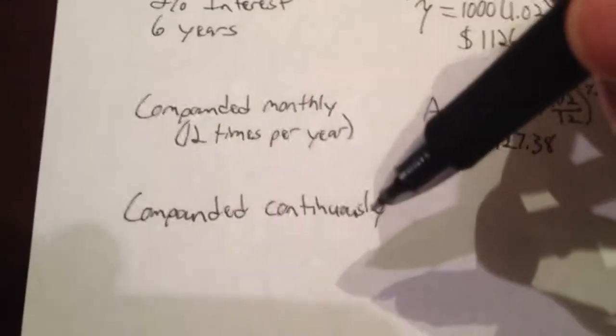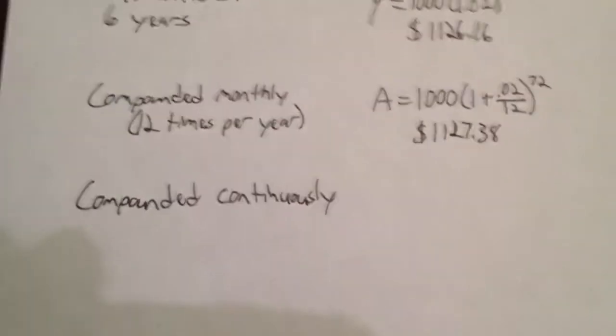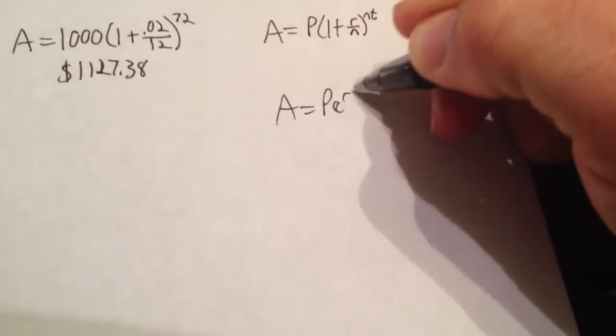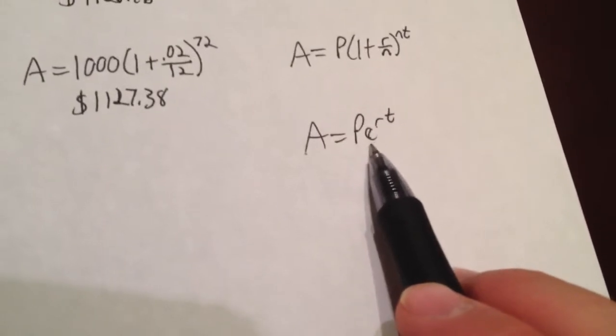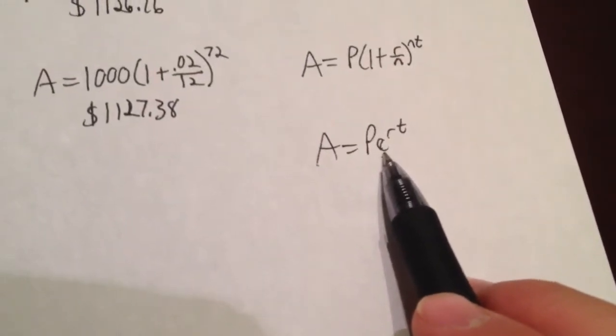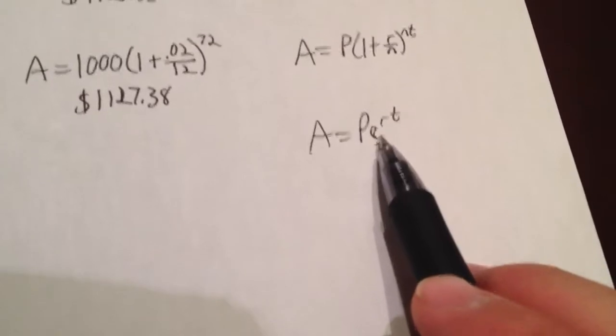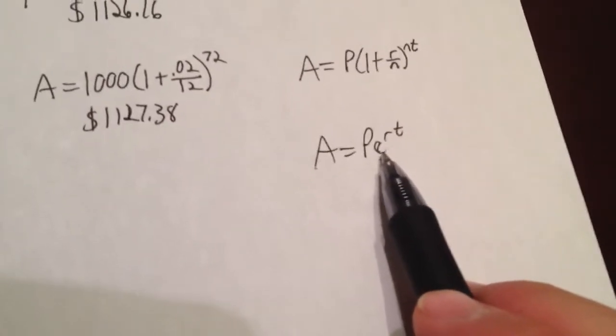The last one that we looked at was called continuously compounding interest, and this I called the PERT formula. The reason it's called the PERT formula is because of this little natural base e. Remember, this base e is 2.7182818284559. It's a special number, kind of like pi.